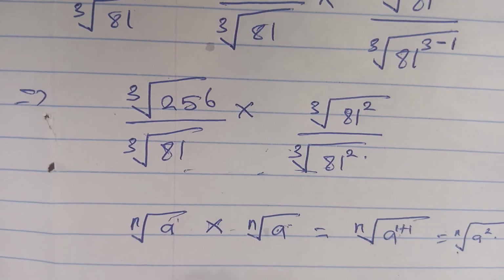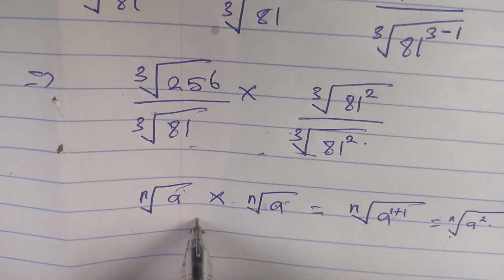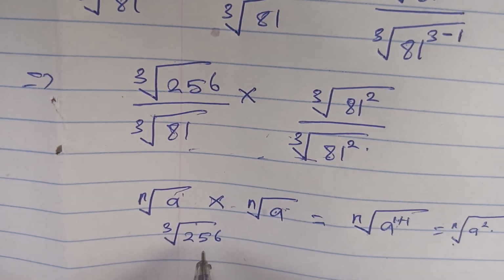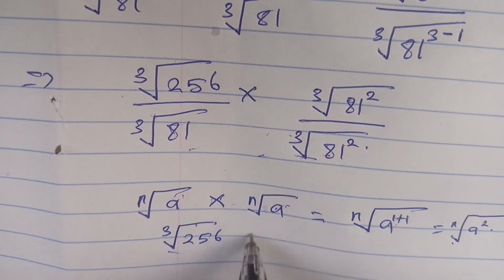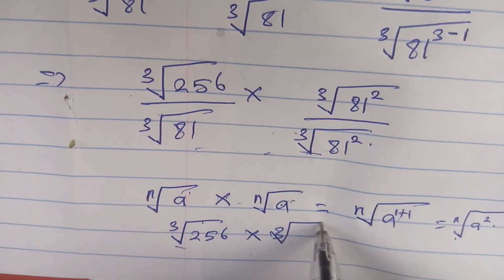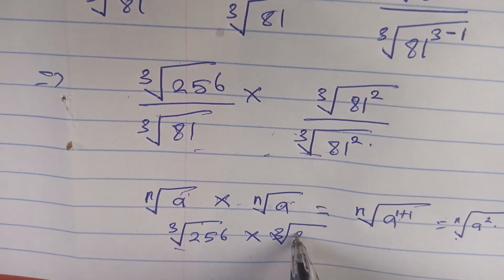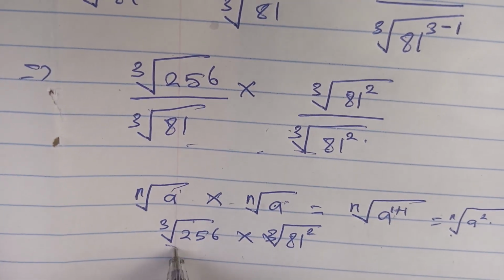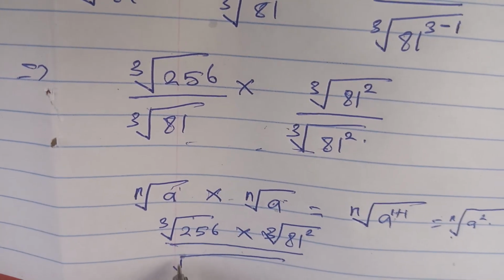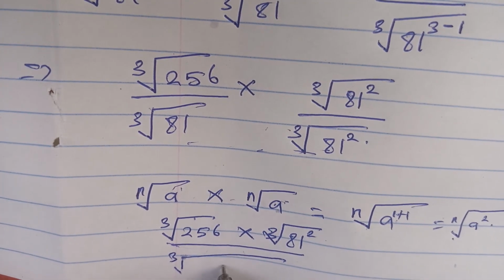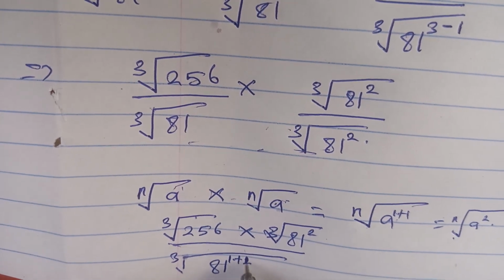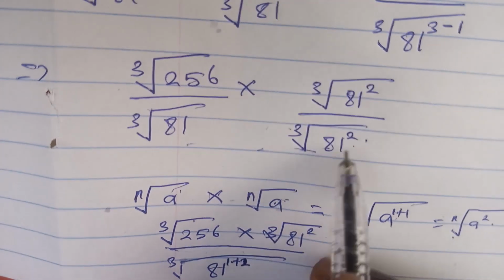If we put this principle at this denominator, we have the cube root of 256 times the cube root of 81 to the power of 2, divided by the cube root of 81 to the power of 1 plus 2, because this one has 2 and this one has 1.